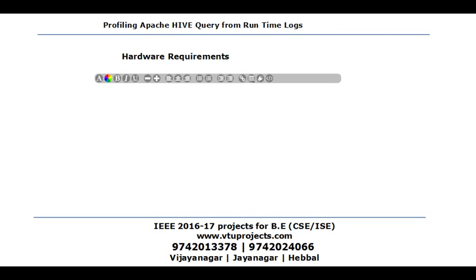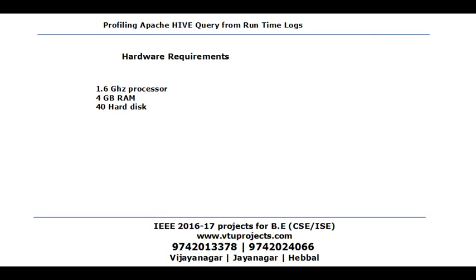So a basic system with a 1.6 GHz processor, 4 GB RAM and 40 GB hard disk would be fine for us. Okay, these are the minimum configuration that we will require in terms of hardware.